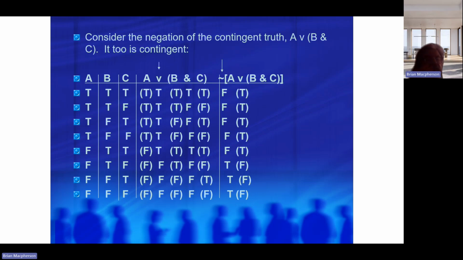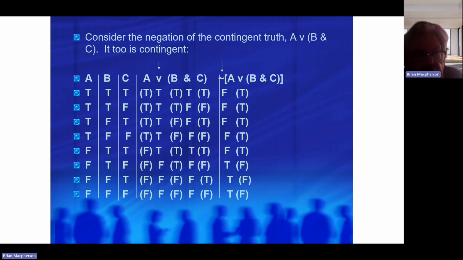Remember the sentence that we evaluated a few slides back, A or B and C. We saw that it was false in the last 3 rows and true in the first 5 rows, so we called it contingent, right? Well, if you negate the whole sentence, like I have in the final column, not A or parentheses B and C parentheses, I'm going to get the opposite truth values that I had with the original sentence.